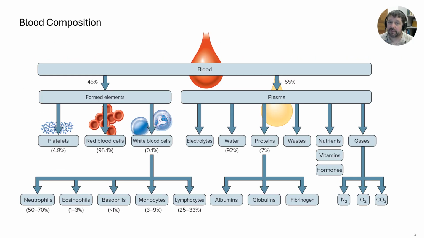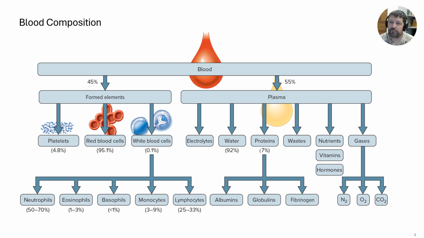All right, so when we look at blood in general, in a single drop of blood, about 55% of it is that liquid base, okay, which we call plasma, and we'll get into that, okay? The other 45% is formed elements, with that being dominated by red blood cells, at least from a human perspective, and well, a mammal perspective, okay? Platelets, almost 5%, okay?